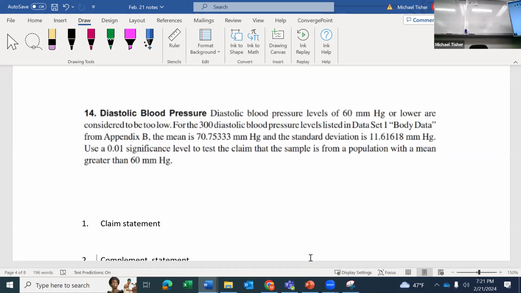But here we're given the mean and standard deviation of the sample, so we can just choose with summary. And then put in the information. Sample size is 300, since we're given 300 diastolic blood pressure levels.